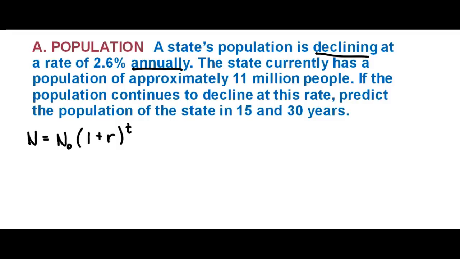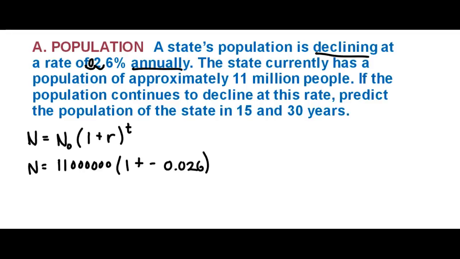So we're trying to find the number after this population declines. We start with 11 million, so 6 zeros, times 1 plus my rate, which is negative 2.6%. Let's divide that by 100, so we have 0.026 for my actual rate there.